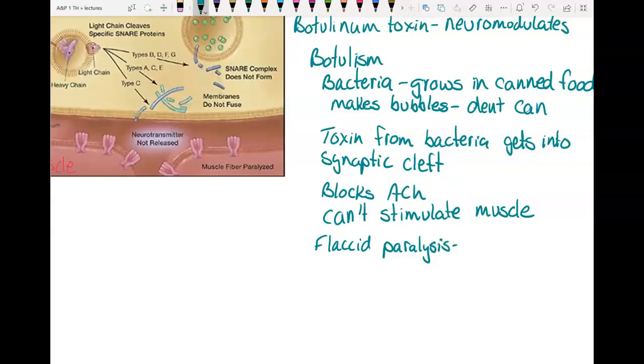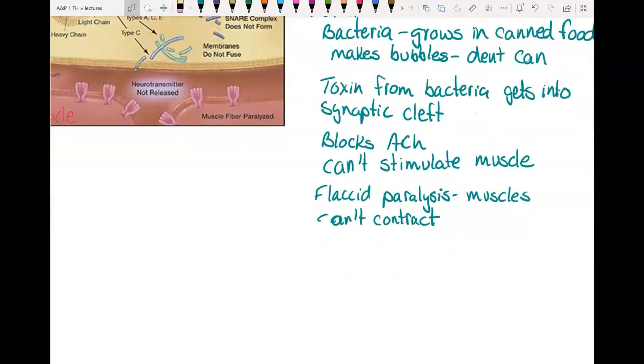Your muscles can't contract. And this can be deadly because then you stop breathing. So no, your heart wouldn't stop beating. This affects skeletal muscle, not cardiac muscle, but you rely on skeletal muscles to breathe.